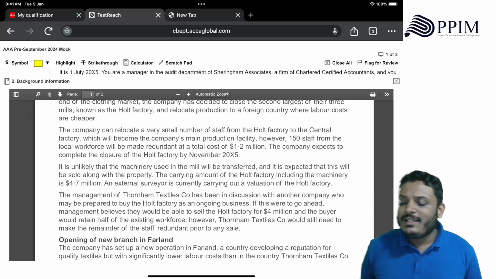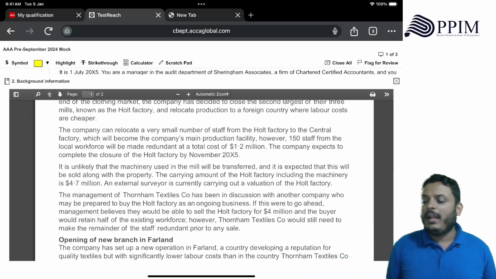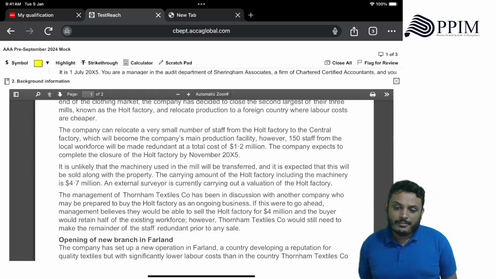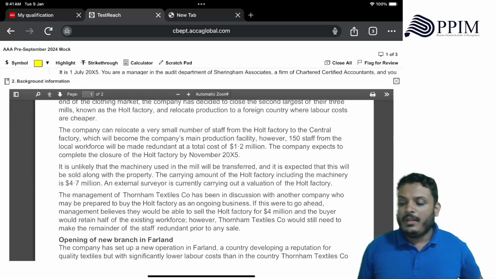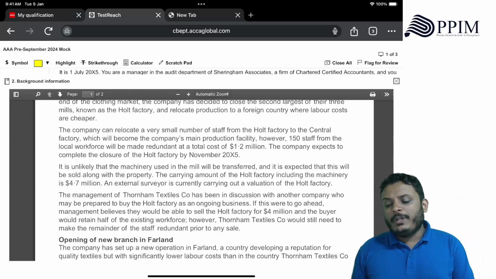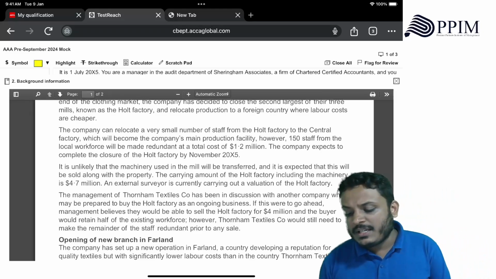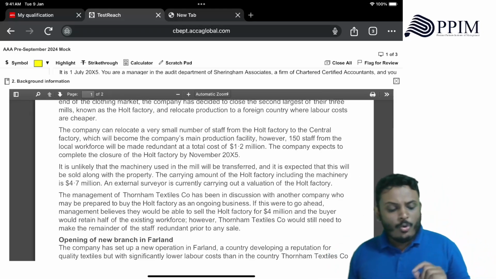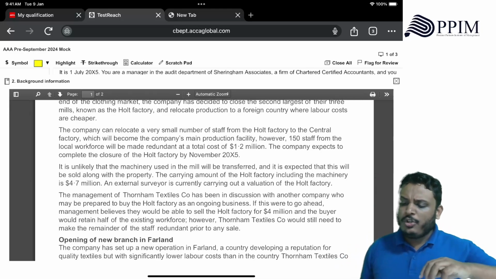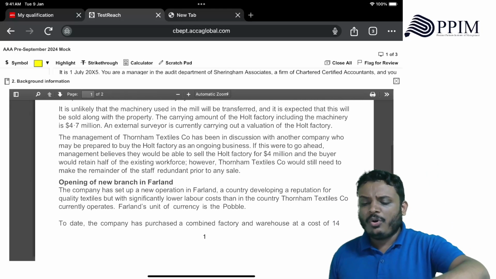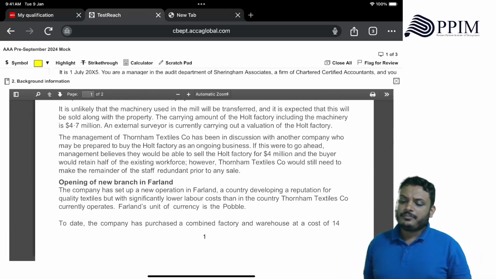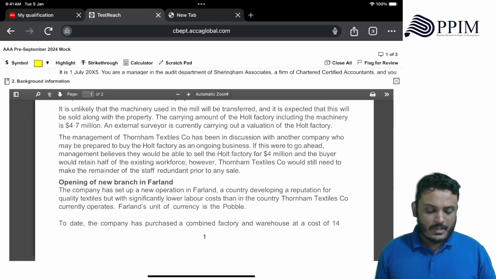An external surveyor is currently carrying out the valuation of Holt factory. Right? The management of Tonham Textiles company has been in discussion with another company who may be prepared to buy the whole factory as an ongoing business.